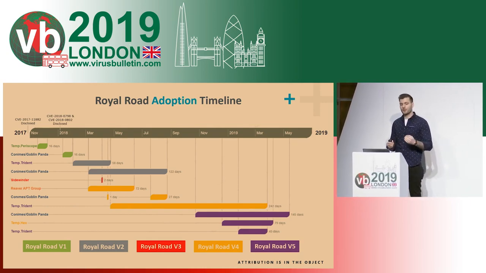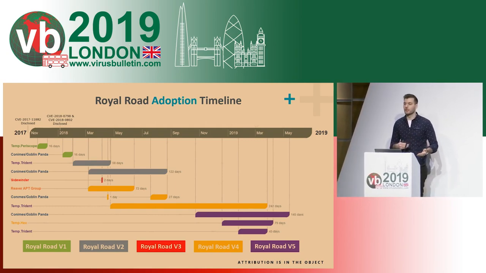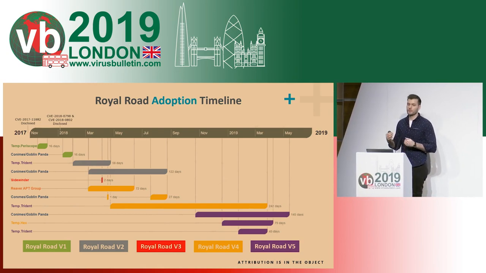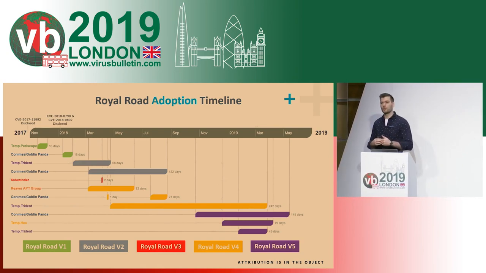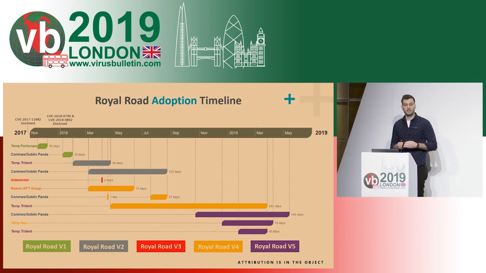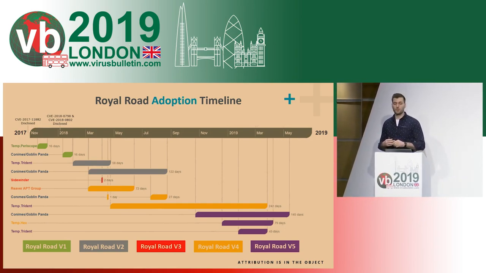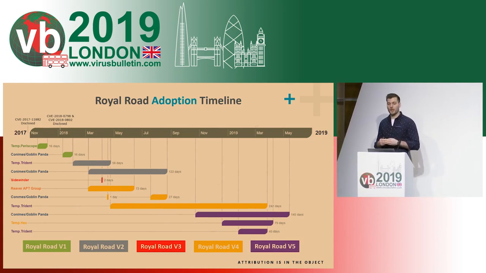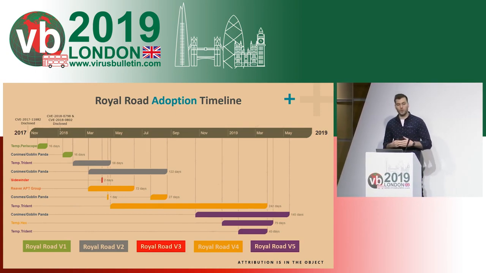But anyways, after that point in time, we see version 4 enter the landscape. This is when CVE 2018-0802 enters the picture. A group called Reaver, or Sun or Cal, reported by Silence, started utilizing this in spring of 2018. Then we see Goblin Panda and Temp Trident also jump on version 4 for quite a while.